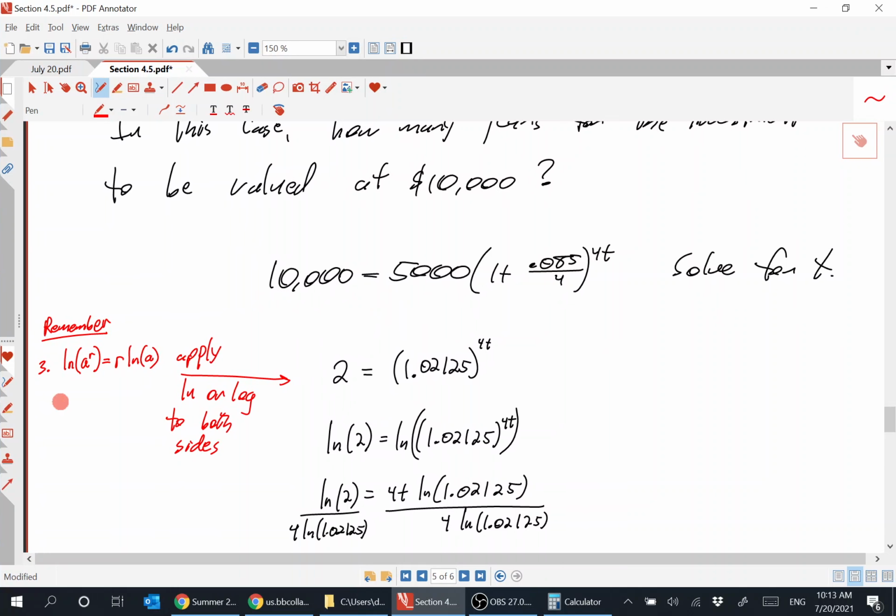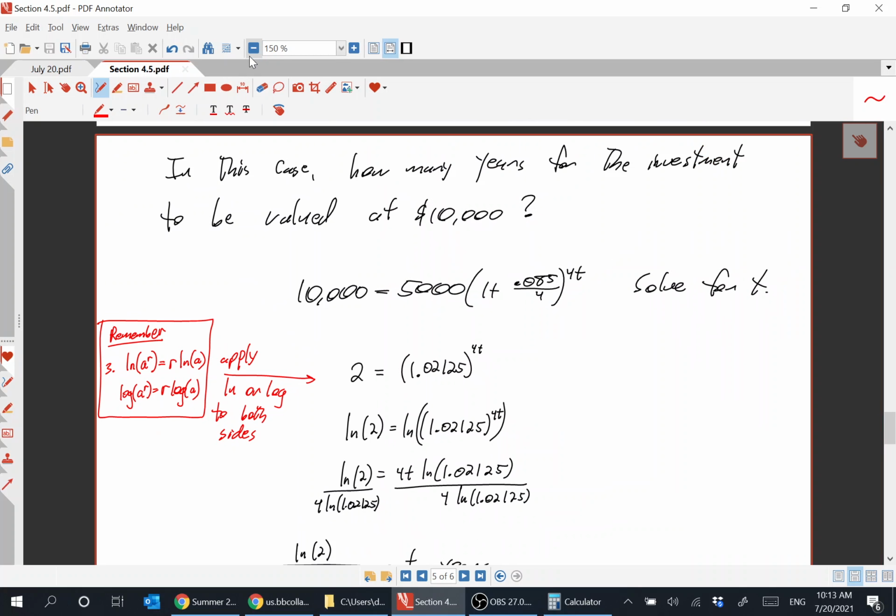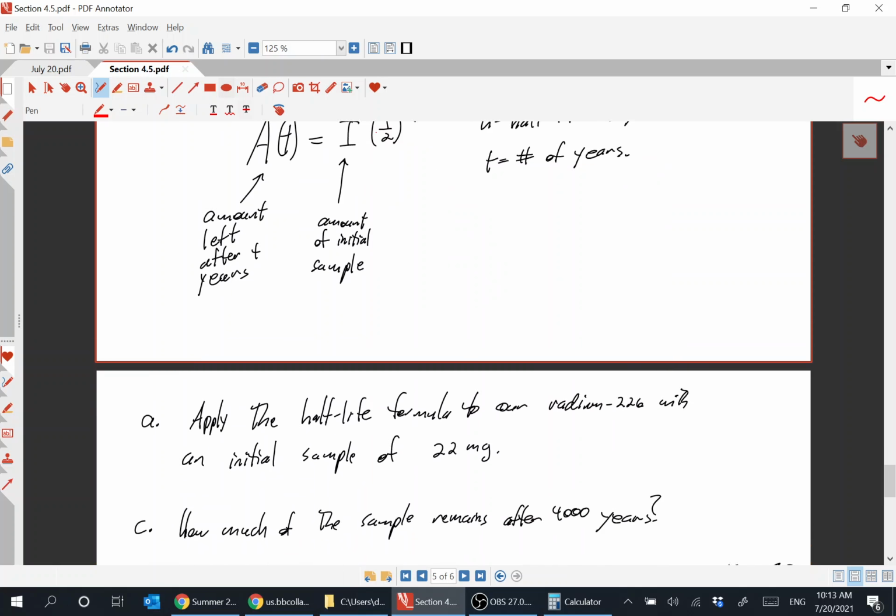It's the same for the log of any base. So, when you're solving such equations, you can apply natural log or the common log, base 10.